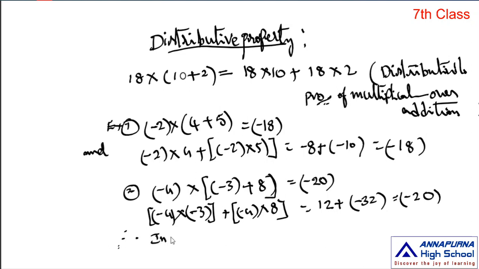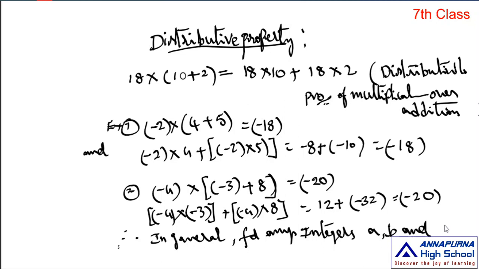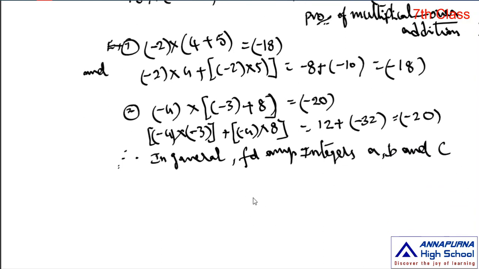So did you understand? In general, for any integers, that is three integers a, b and c, a into (b plus c) is equal to a into b plus a into c.